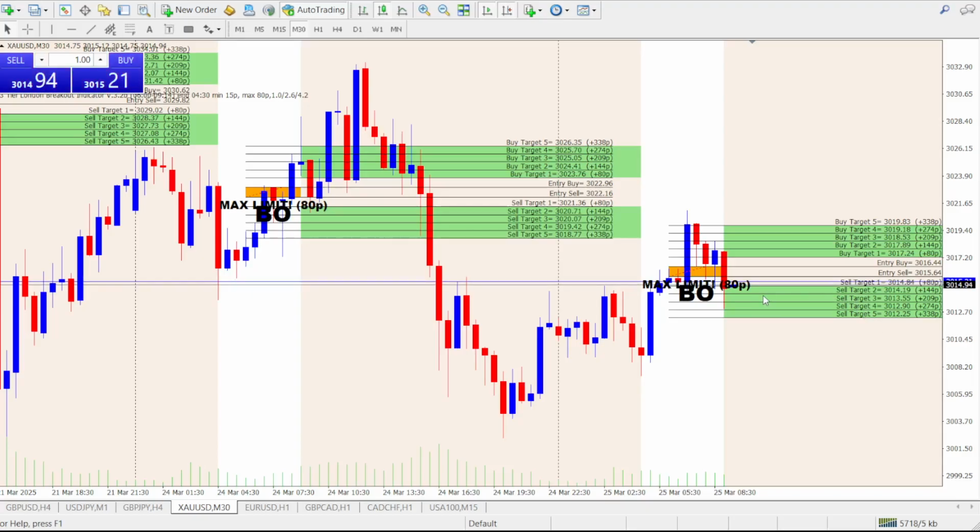Now the indicator plots three types of boxes on the chart to visualize the market's price range. It plots the maximum or minimum box, which highlights the highest and lowest prices before the breakout. Then the limit box shows breakout zones where price movement is likely to accelerate.